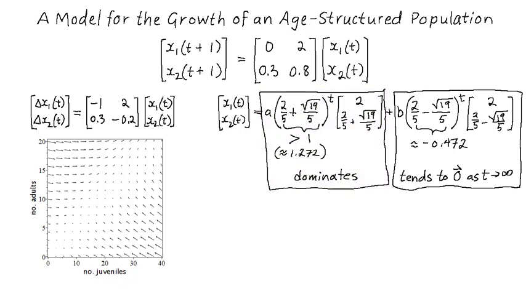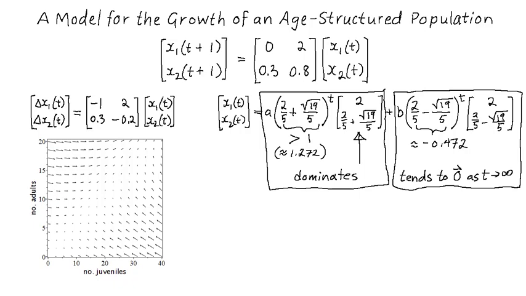This dominant effect means that the total number of individuals in the population grows, but it also means that their distribution across age categories begins to closely resemble this vector here. Specifically, for every 2 juveniles in the population, we expect to find 2/5 plus the square root of 19 over 5 adults in the long run.